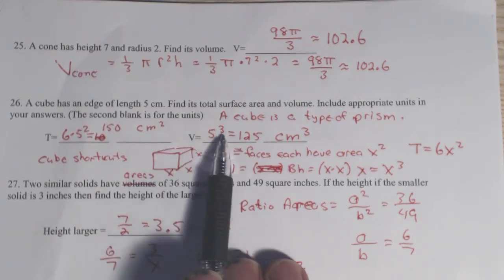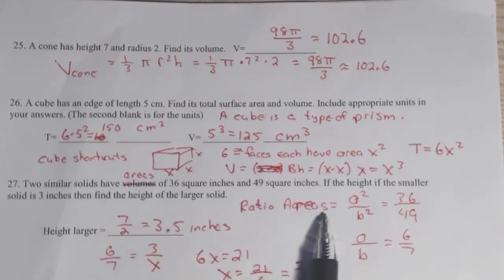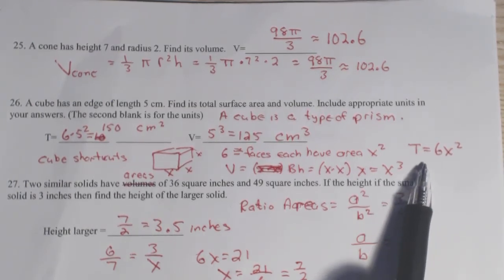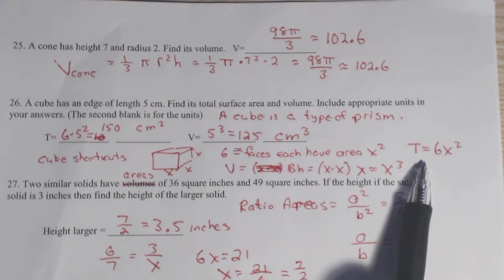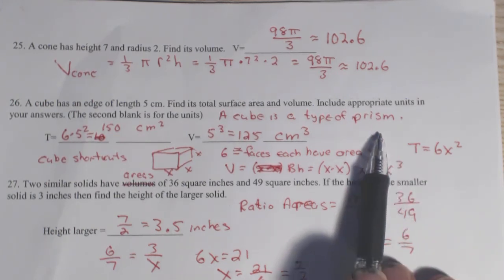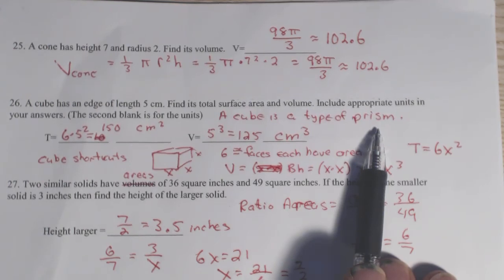Appropriate units: square centimeters, cubic centimeters. And here there are quickie formulas. The shortcuts will not be on the test. The only formulas on the test will be for prisms, pyramids, cones, cylinders, and spheres. But you're welcome to these shortcuts. Otherwise, you can use the right prism formulas, which just takes a little bit longer.